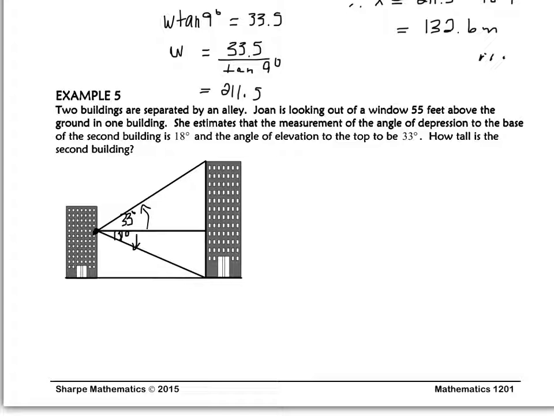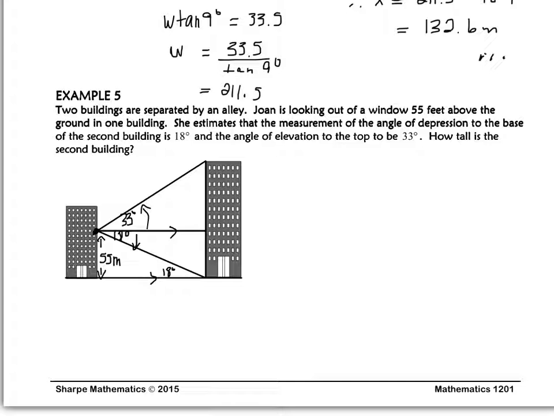So it says, how tall is the second building? So all we know is that this distance here from the ground up to where Joan is is 55 meters, from here to here. So if this is 18 right here, using parallel lines again, I can assume that this is 18.